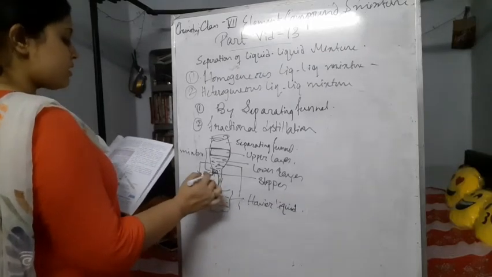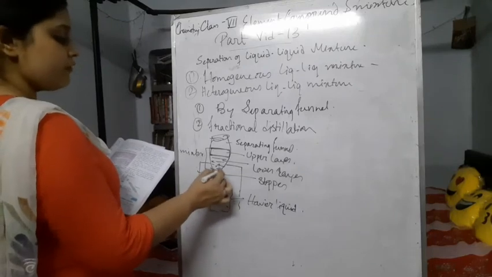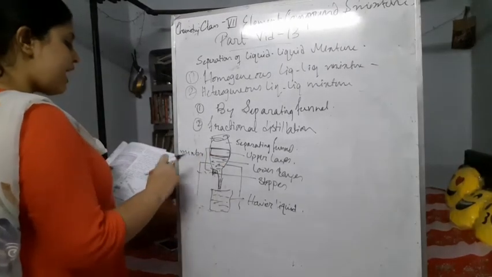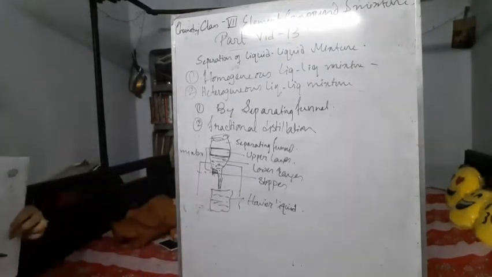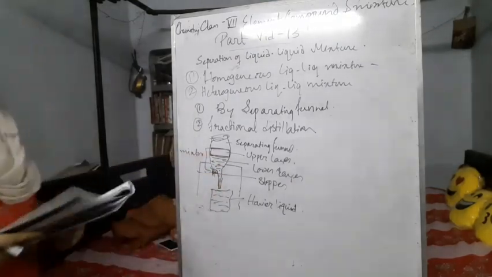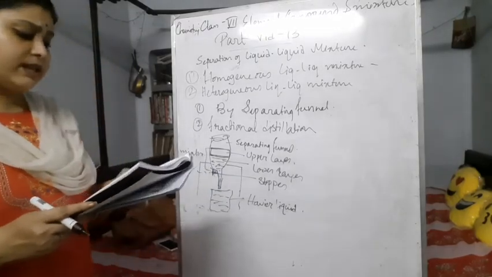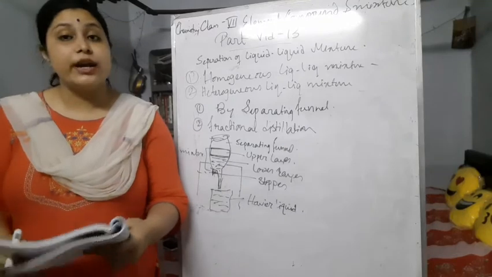The stopcock is closed when the bottom liquid is entirely removed from the funnel. By this we can separate the two liquids. So this is the procedure of the separating funnel. By this method we can separate kerosene oil and water.